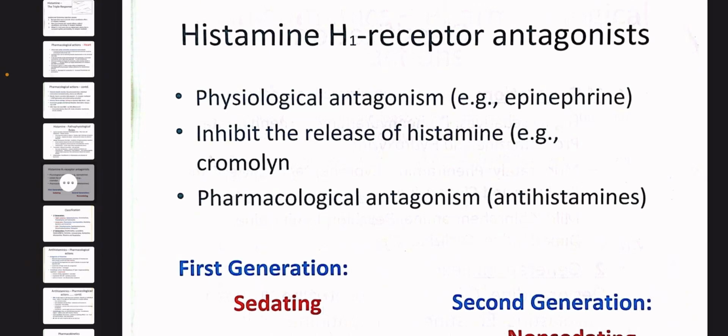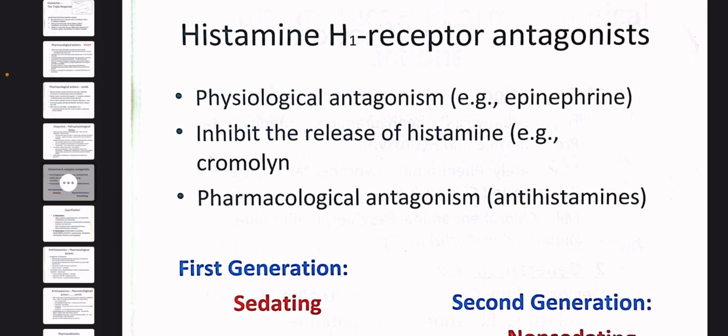H2 receptor antagonists will not majorly be discussed here. Remember, we said H2 receptor antagonists are used in the treatment of what we refer to as peptic ulcer. So in the peptic ulcer material, I'll talk about that mainly. All right, so let's go.